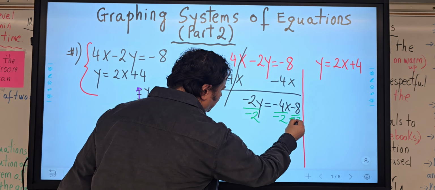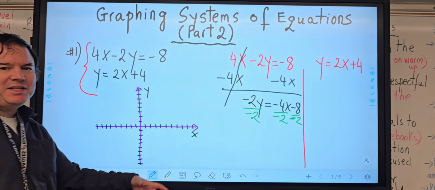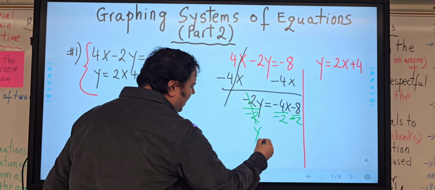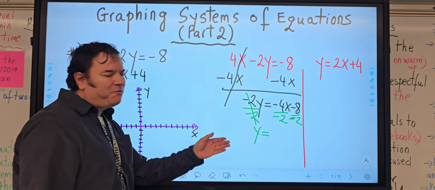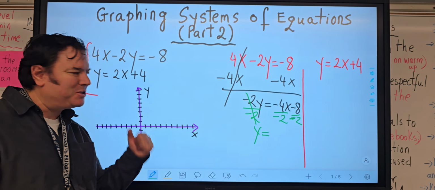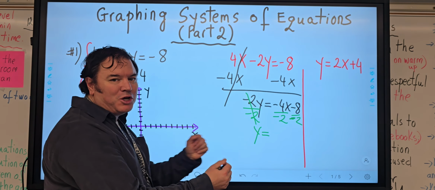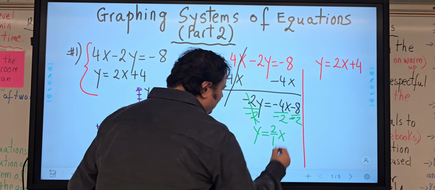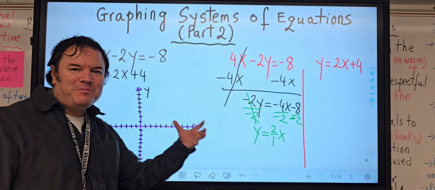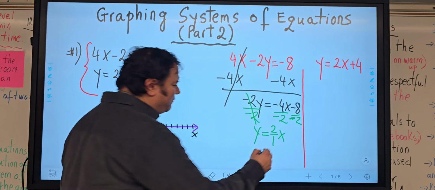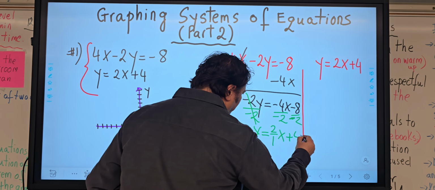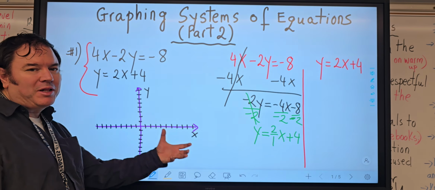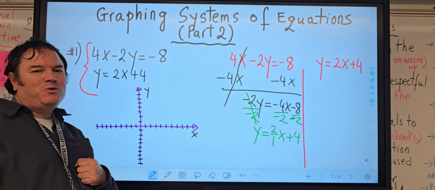Negative divided by negative becomes a positive. So we have y equals negative 4 divided by negative 2, which becomes positive 2 over 1, 2 over 1x. And negative 8 divided by negative 2 becomes positive 4, plus 4. And now we can label the m and the b in the first equation.